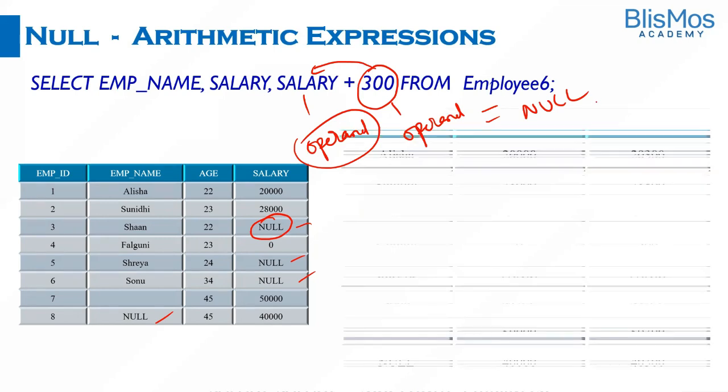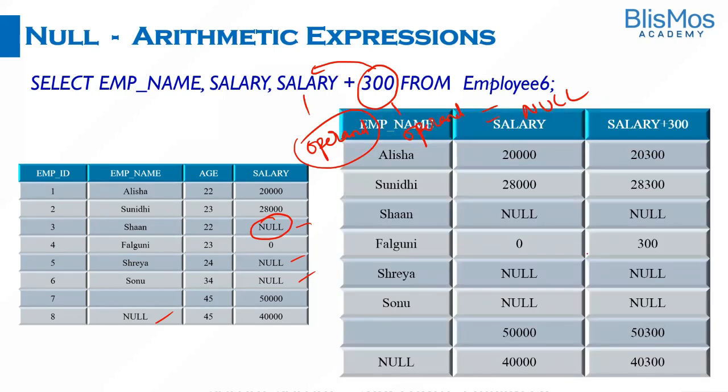So what would be the values here? If you see here, wherever the null is there, this 300 is not added to that. It becomes null here, null here, null here. On the other hand, if you add 300 to 0, it becomes 300 here. So in any arithmetic expression, as a part of SQL, if one of the operands is null, the result is null. Please remember that.